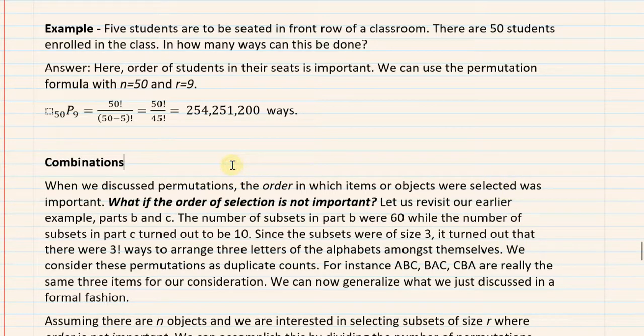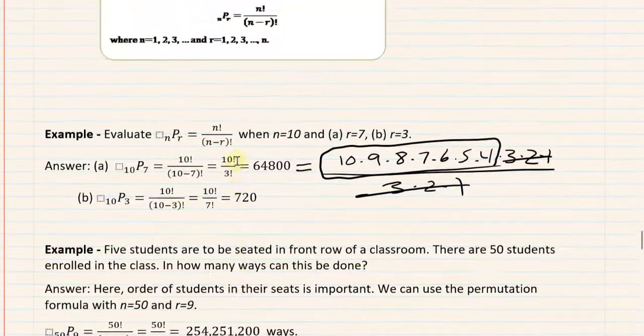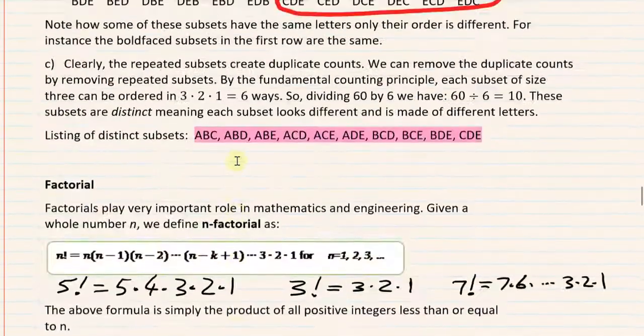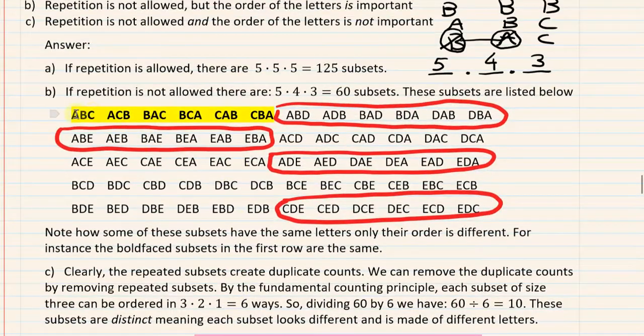Okay. Now, if order does not matter, then we can actually reduce the number of duplicates by a factor. Now, for 3 items like the ABCs, if I go back up here, there you go, in highlights. With the 3 letters, there are 6 ways that you can arrange these amongst themselves. That would be 3 factorial.